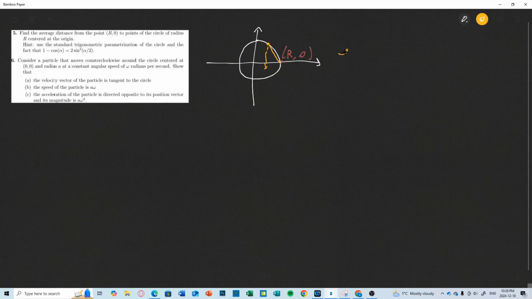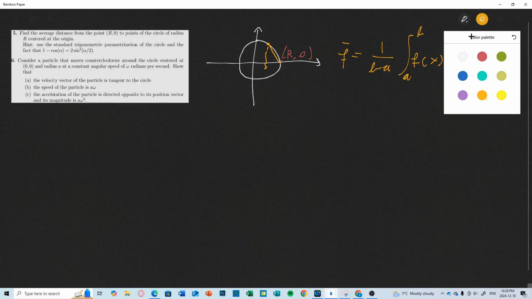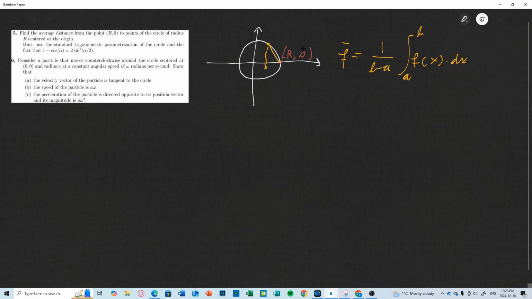And as a reminder, the average is equal to 1 over b minus a multiplied by the integral from a to b of f of x times dx. So the first thing we want to do is, since it's a circle, we're going to want to use polar coordinates. So we're going to have our x as r cos theta and our y as r sine theta.